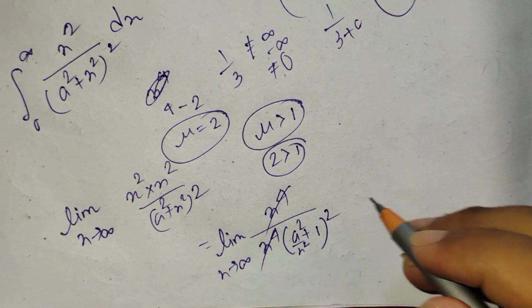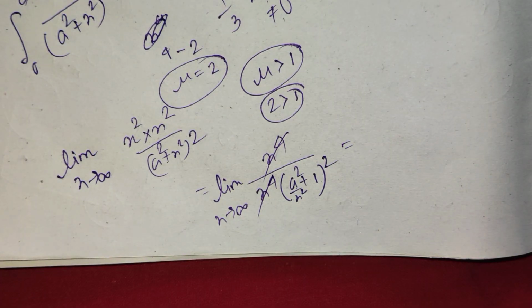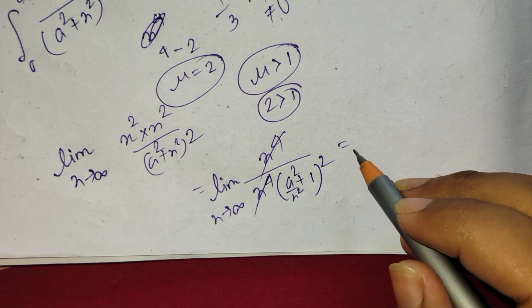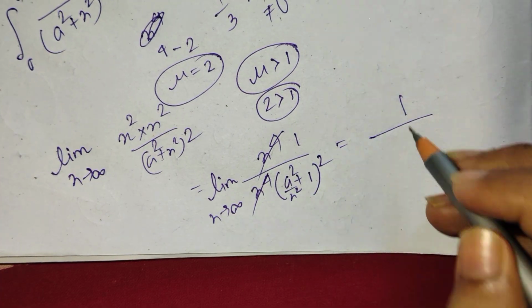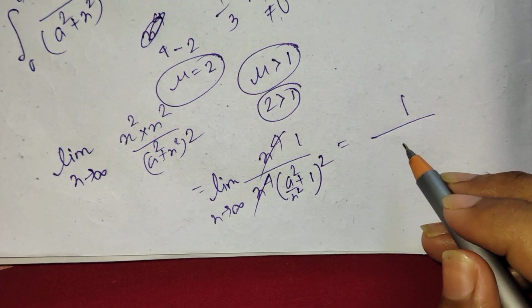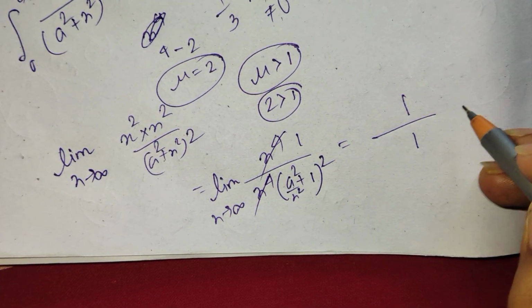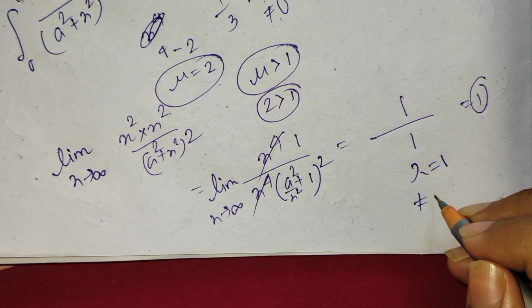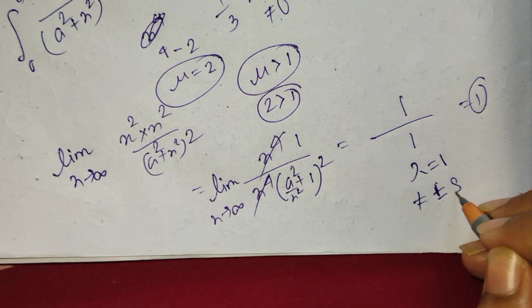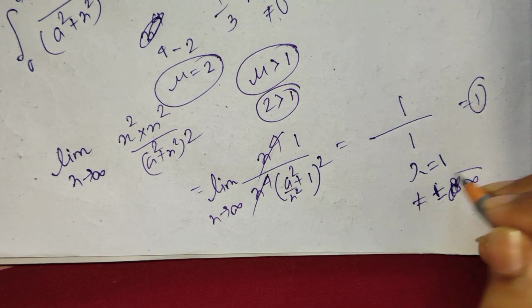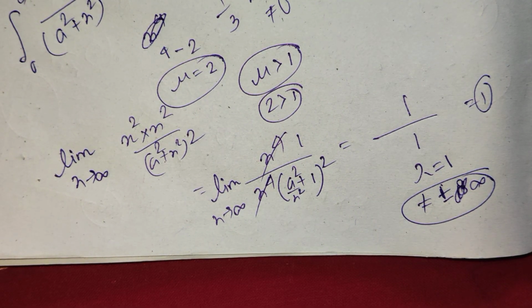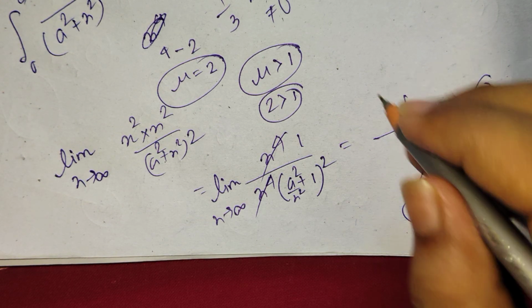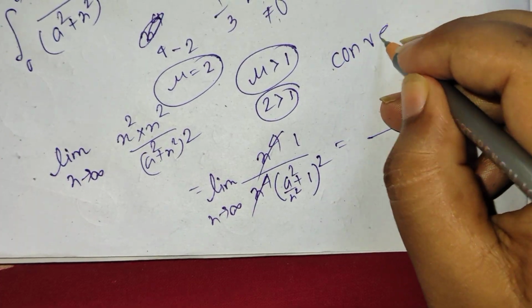As x tends to infinity, a by infinity is 0, so 1 square is 1. So lambda is 1, so lambda is not equal to plus or minus infinity, not infinity. So the second condition is also maintained. That means we can say this integration will converge.